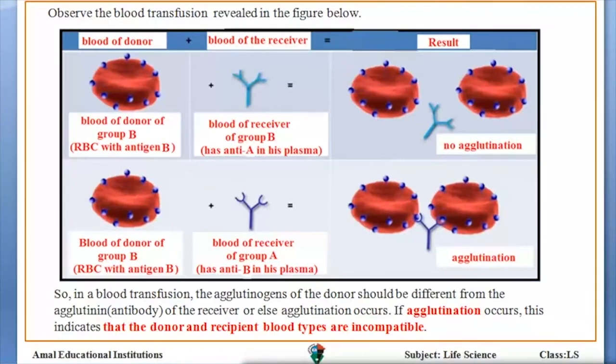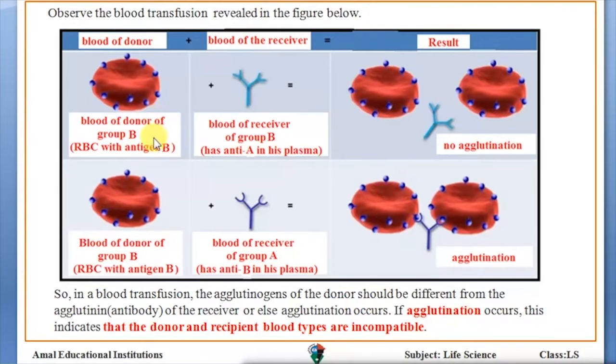To understand the concept better, let us observe the blood transfusion revealed in the figure below. The figure shows the blood of the donor added with the blood of the receiver and the results of such a transfusion. The blood of a donor was taken, which is of group B. Group B means that the donor has antigen B, as you would see here.